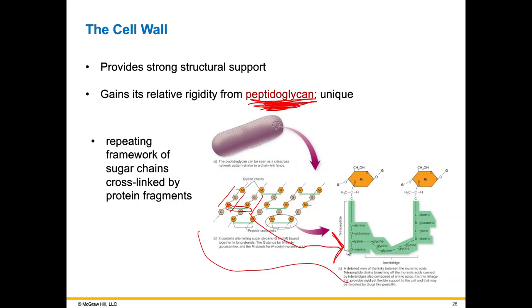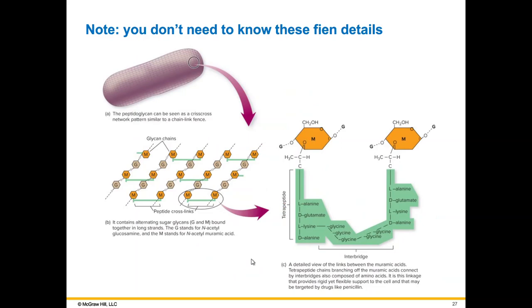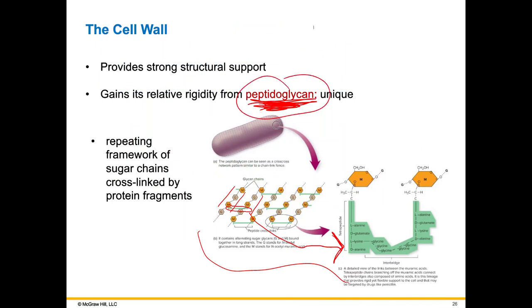There we go. Alright, so that is what peptidoglycan is. And again, I mentioned this in the previous slide, but note you do not need to know these fine details, but you do need to know about peptidoglycan. You need to know that it is in the cell wall. Very important.